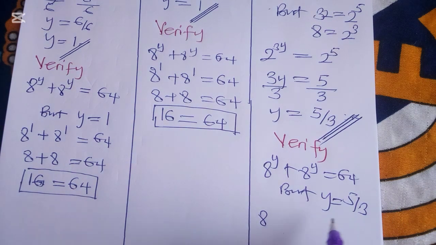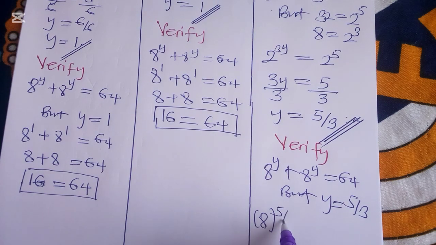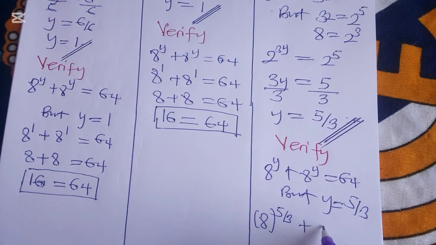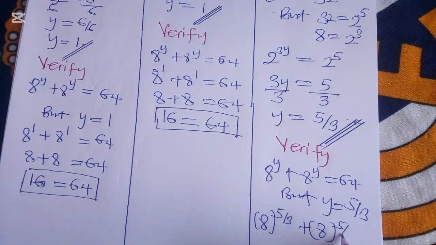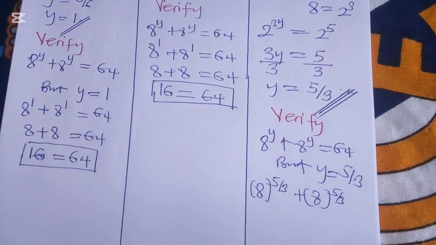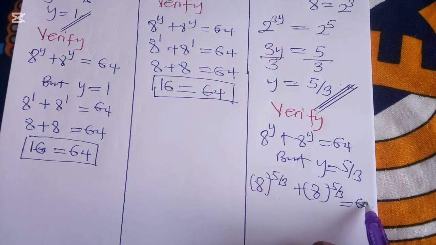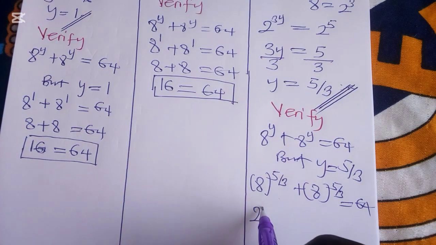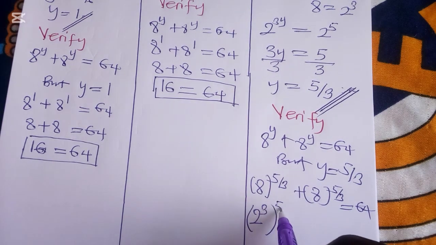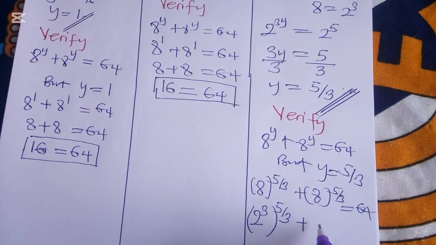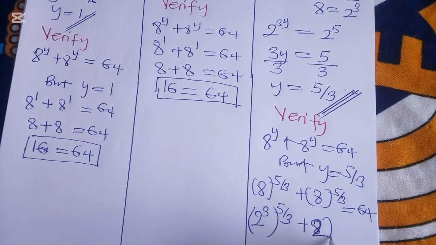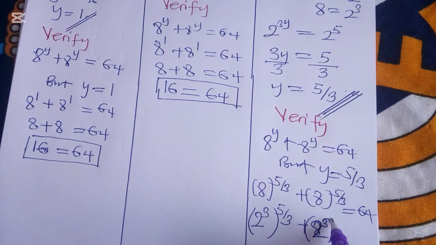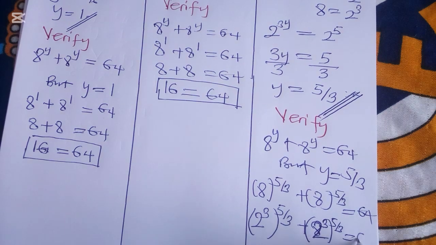Then we say 8 raised to the power 5 upon 3 plus 8 raised to the power 5 upon 3 must equal 64. Now we know 8 can also be expressed as 2 raised to the power 3, raised to the power 5 upon 3, plus the same again, equals 64.